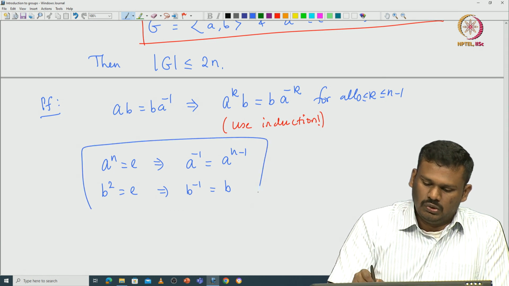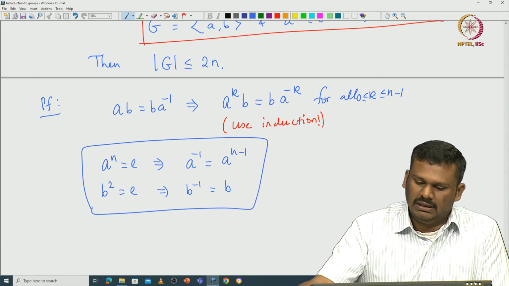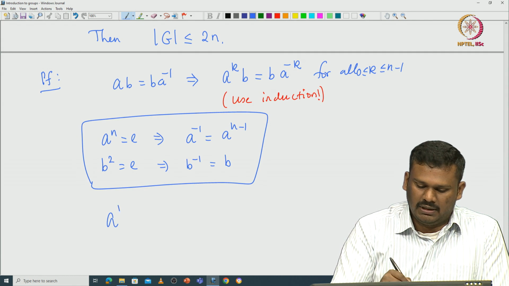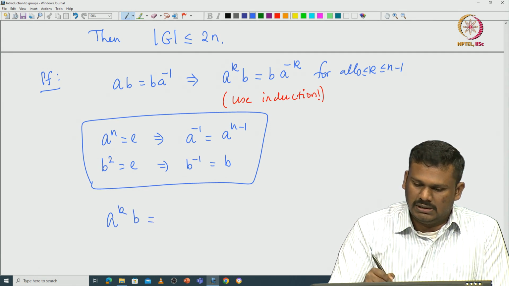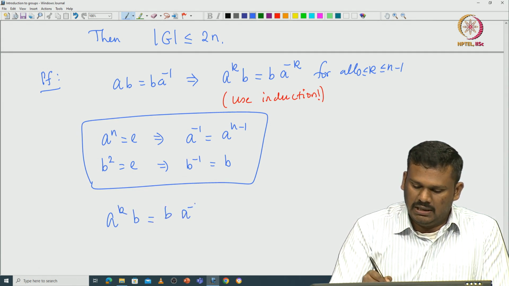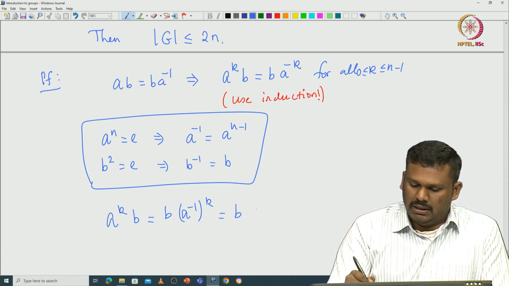So combining these two we can see that a^k b is nothing but b (a inverse)^k, which is nothing but b a^(k(n-1)).